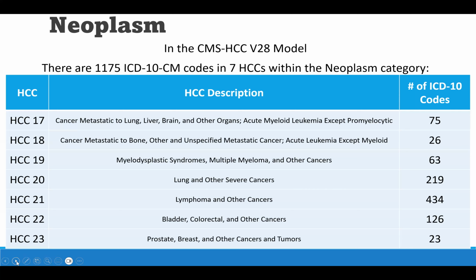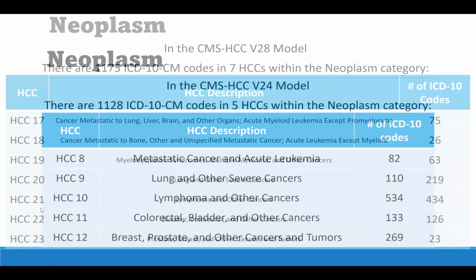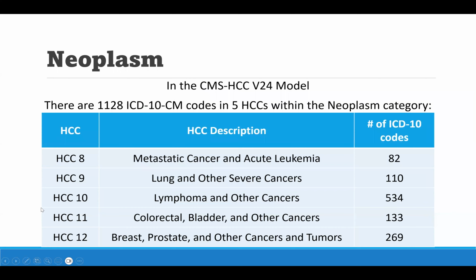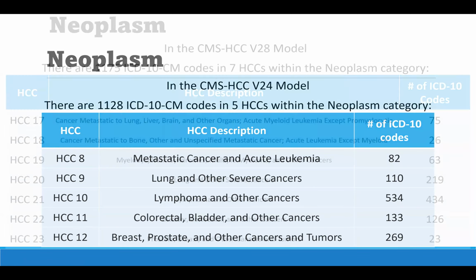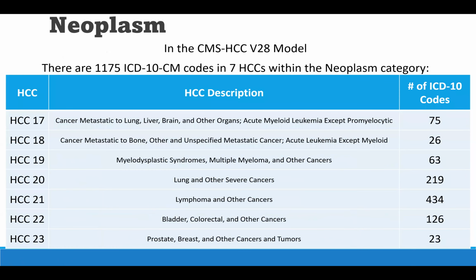But as a professional, you should certainly understand what you're doing, even if it's not something you manually have to do. So these are the two categories, V24 and V28, 5 HCCs, 7 HCCs, net difference of a little less than 50 codes, but it's not simply a 1-for-1 trade-off on 50 codes.